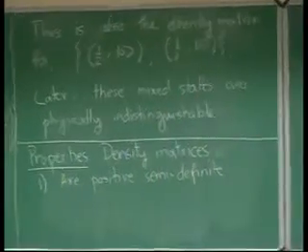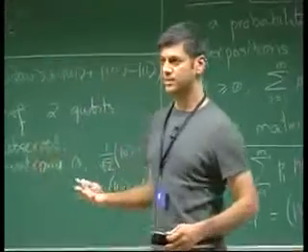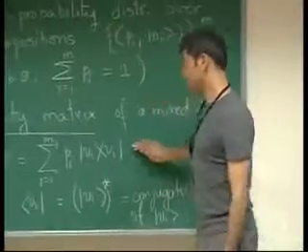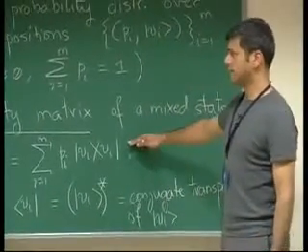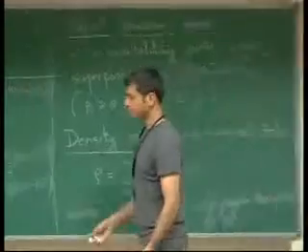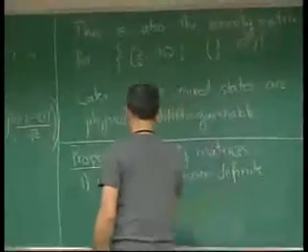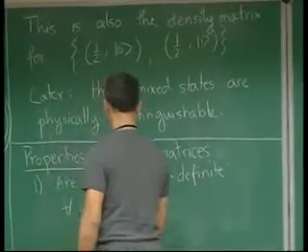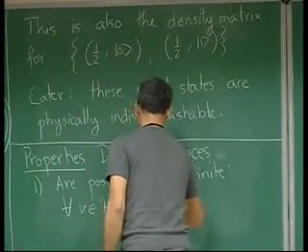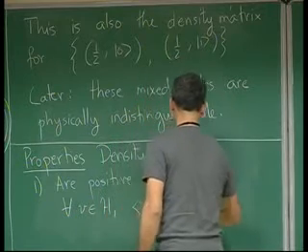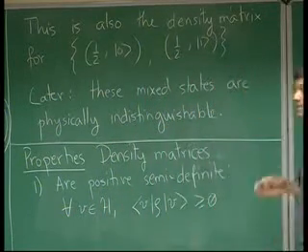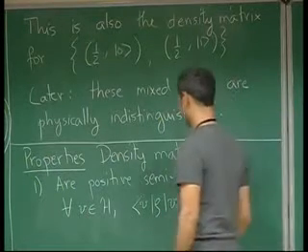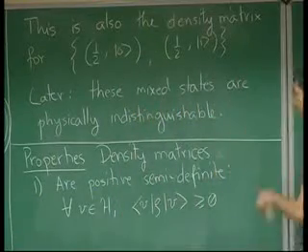Now, what does it mean to be positive semi-definite? Well, there are several different ways of understanding it. One is that it is a Hermitian matrix with non-negative eigenvalues. The second one is that for all vectors in this underlying space H, this inner product V rho V is bigger than or equal to 0. And there are several alternative but equivalent ways of writing this. I'll use this particular definition.